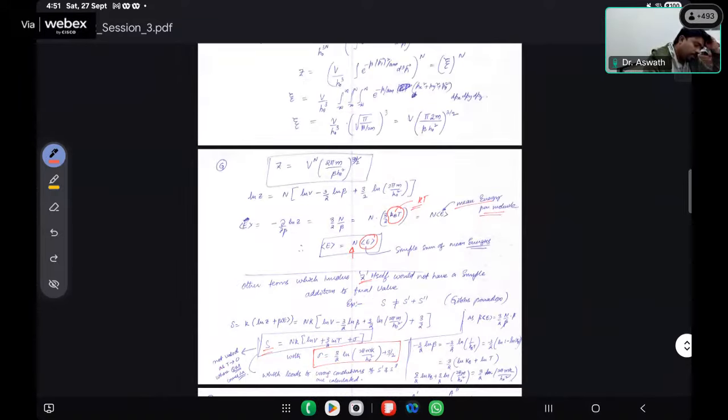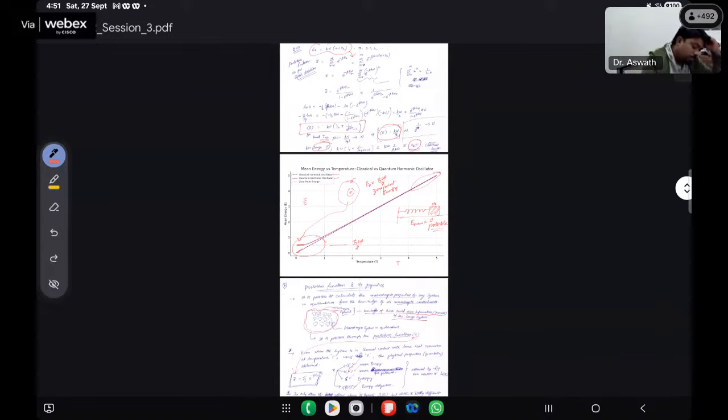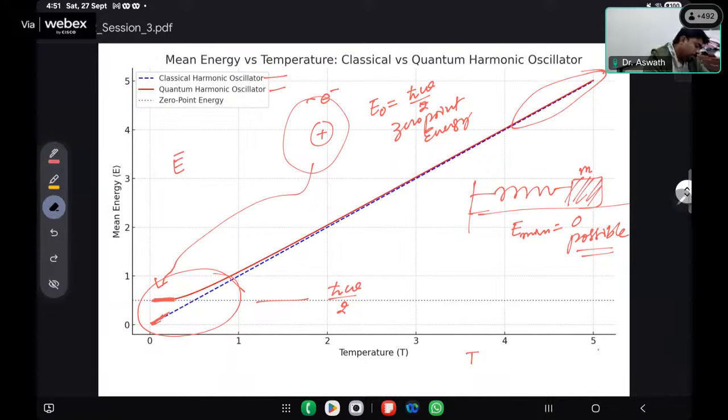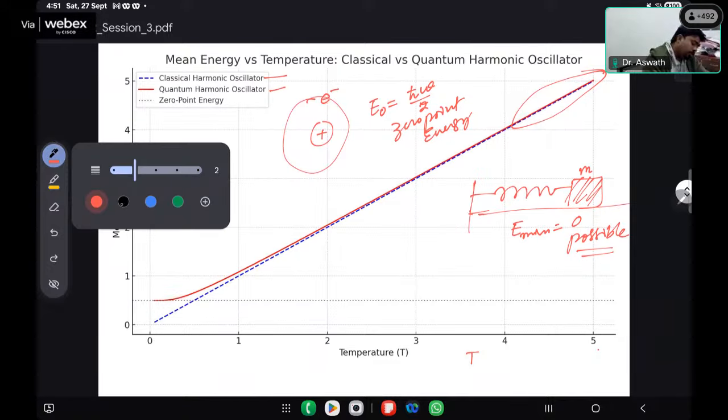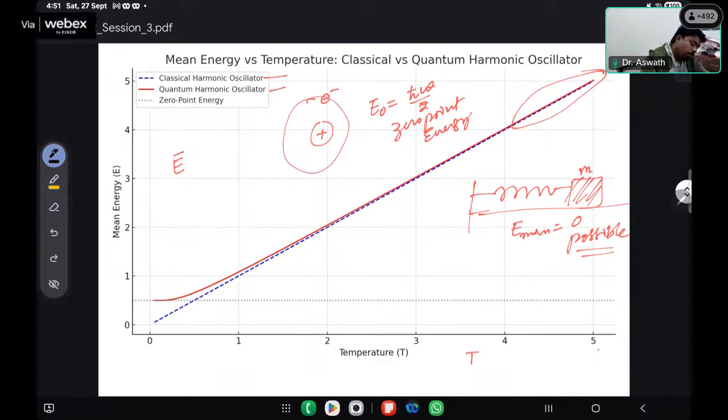Wait a minute. Where is that plot? This plot, temperature versus. You see? Let me remove everything so that you will understand. So what I want is the least possible energy, which is simply h omega by 2.